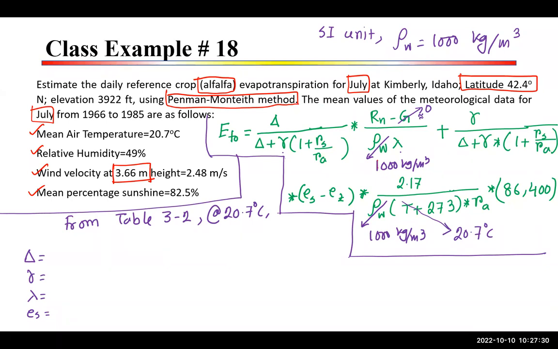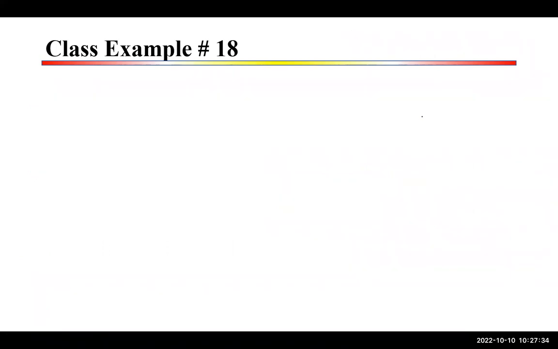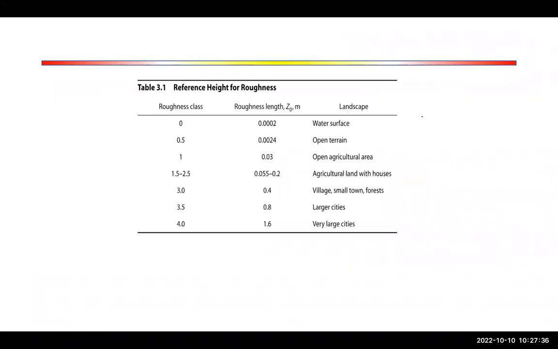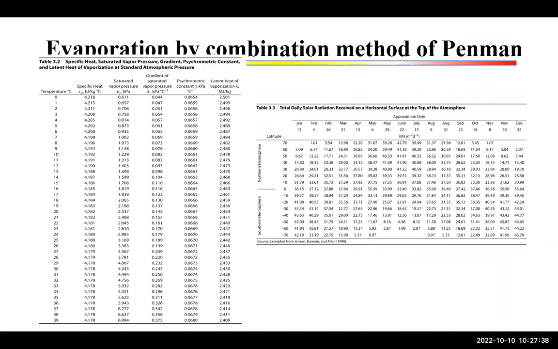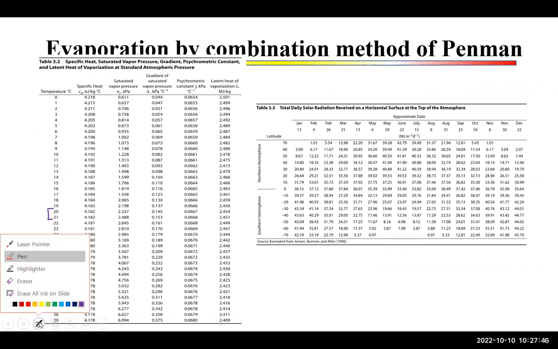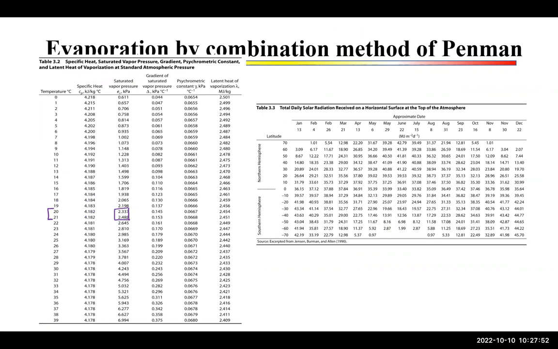Okay. So all of you have your table 3.2. What I will do, I will just go there. This is the table 2.2. We are looking for, what is the temperature? 20.7. So in between these two, right? So we will have the ES.